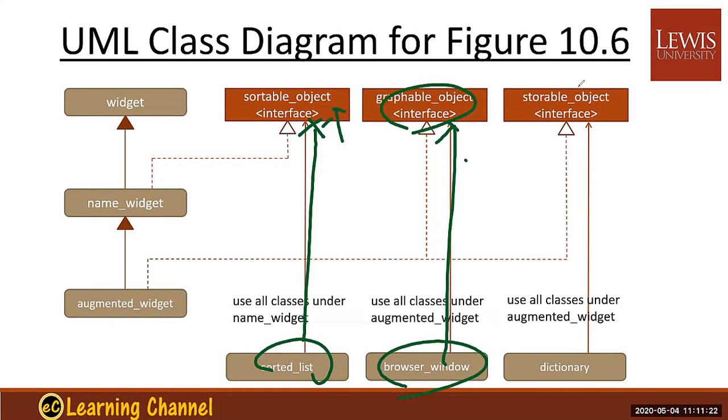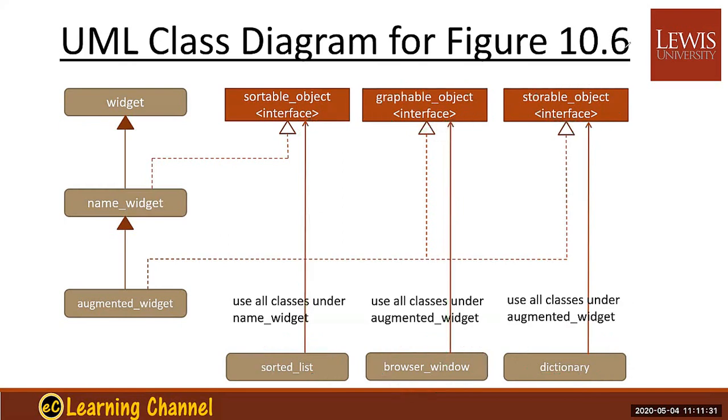If your dictionary wants to store it, the object must be storable. If your sorted list wants to sort it, the object must be sortable. Some widgets implement nothing: they cannot be sorted, put into the browser, or put into the dictionary. Some widgets can be sorted. Some augmented widgets can do everything. Is that okay?